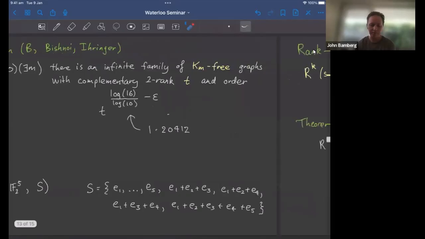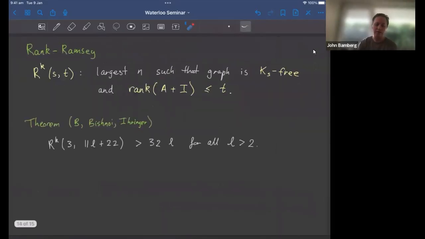And this is all connected to rank Ramsey, because this rank Ramsey is a recent thing. It's similar to Ramsey, with this little subscript K. It's the largest n such that a graph of order n is K_s-free and has rank over the real numbers of A plus I at most t, because this is still a bound on the Kőnig number.